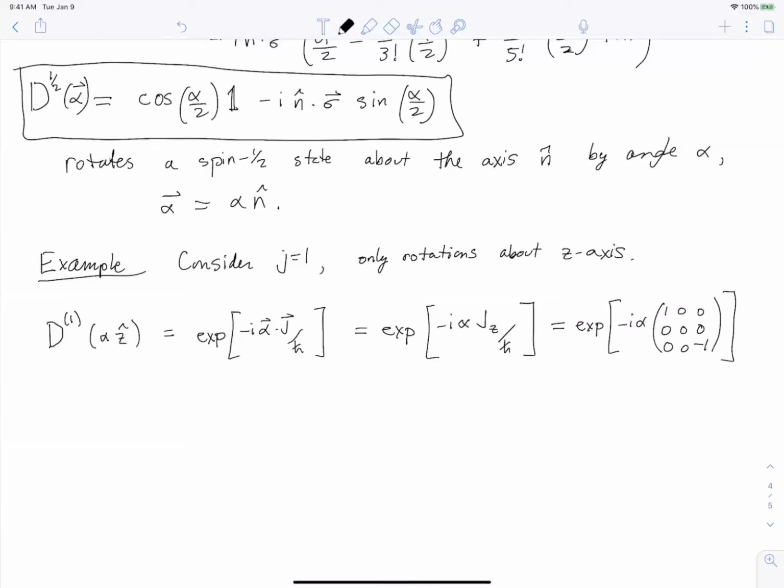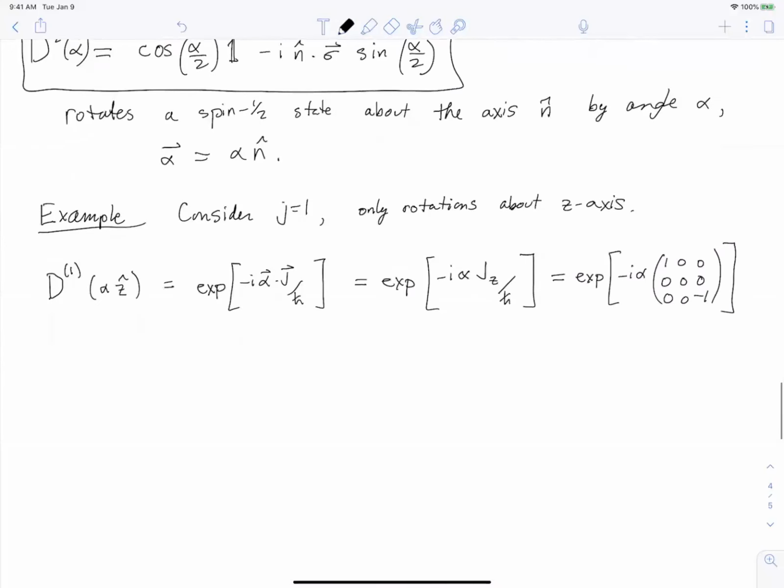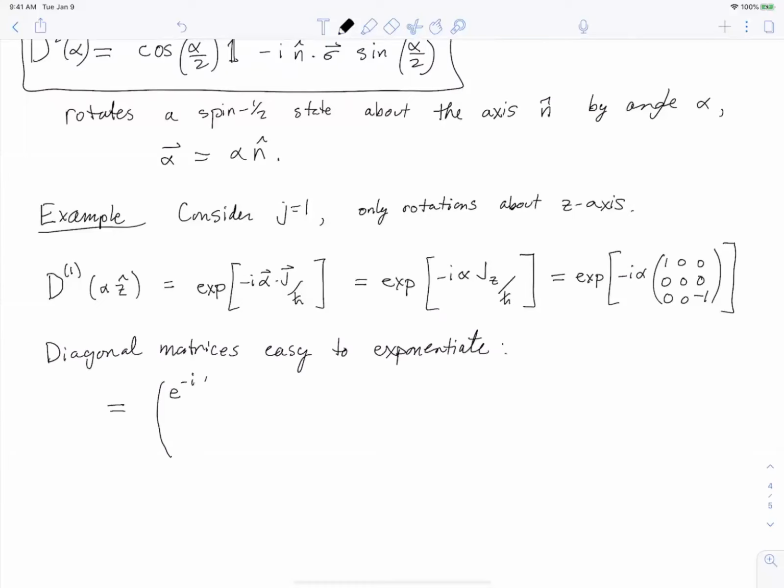Okay, and the nice thing about diagonal matrices is they're super easy to exponentiate because you just exponentiate the things on the diagonal. So diagonal matrices, easy. Okay, and so in this particular case, the answer is just this matrix, e to the minus I alpha and e to the plus I alpha on the diagonal.